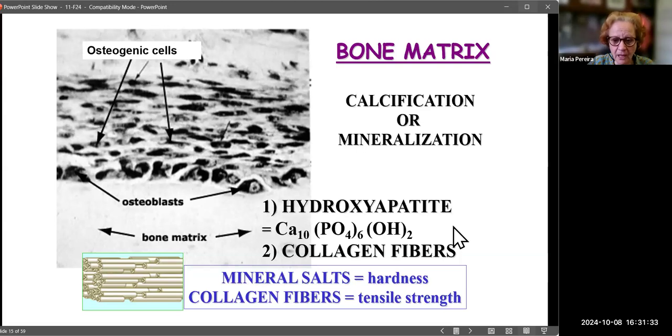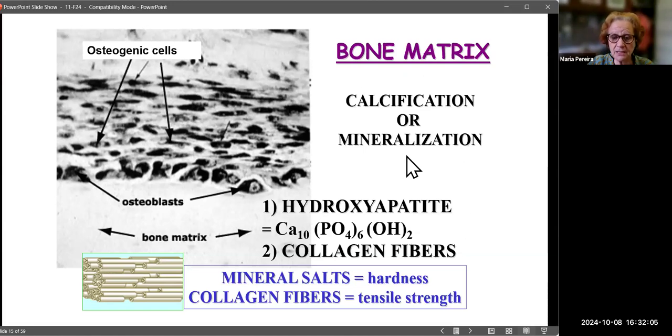The most abundant calcium salt that is a component of bone matrix is known as hydroxyapatite. Hydroxyapatite has this structure. It's a molecule that's highly enriched in calcium ions and also phosphate. And this is hydroxy. So you see that it's highly, highly enriched in calcium.